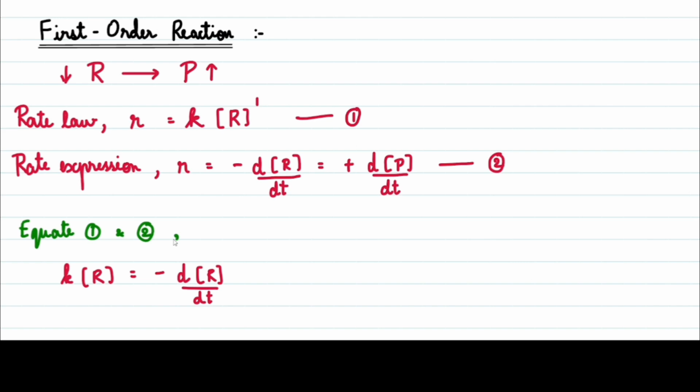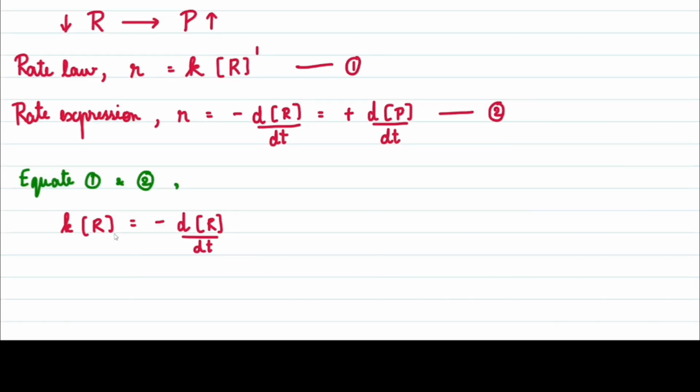Now let's rearrange this equation to separate variables. Here we have two variables, that is R and t, right? So we are rearranging the variables. I am taking this dt to this side while R will be coming to the other side.